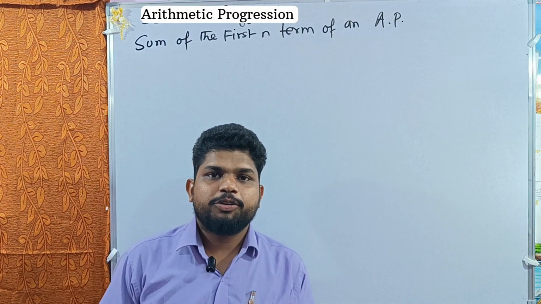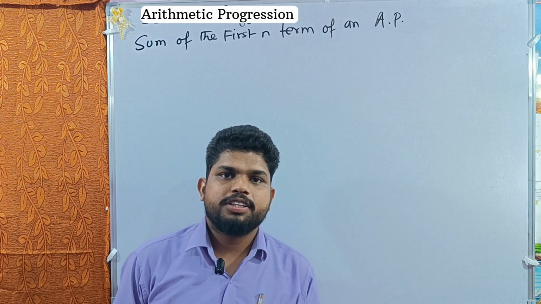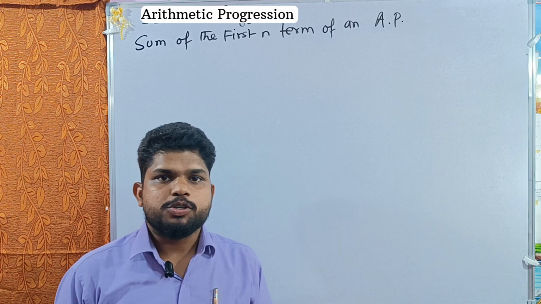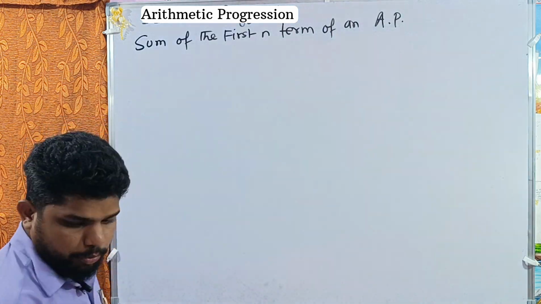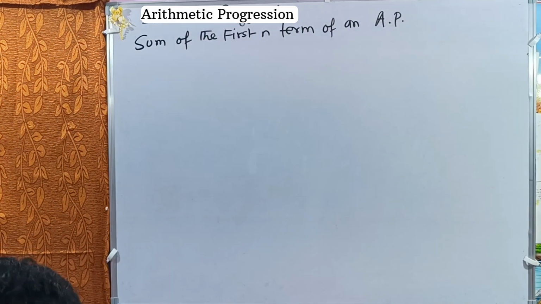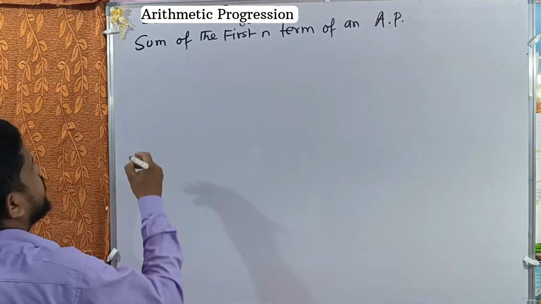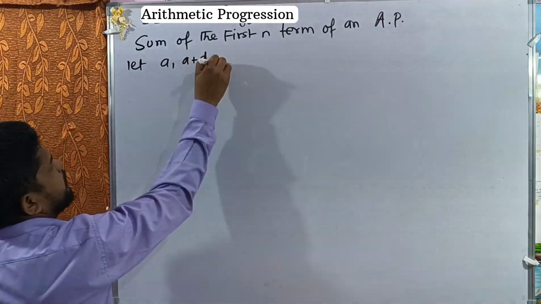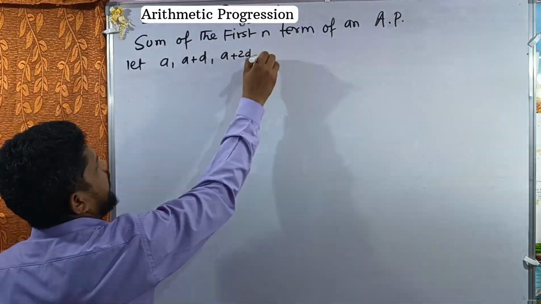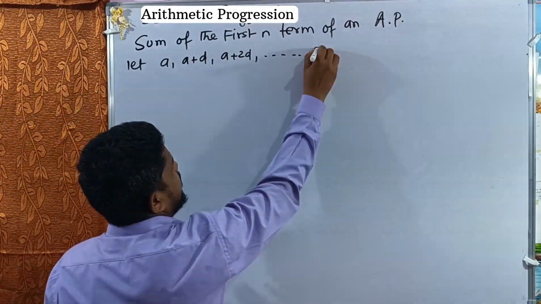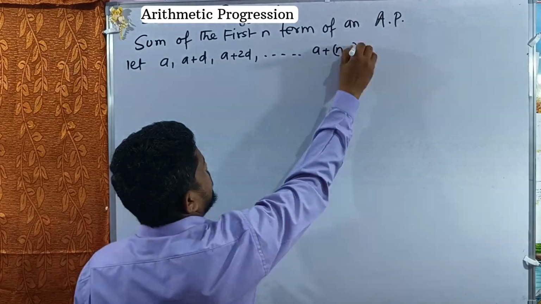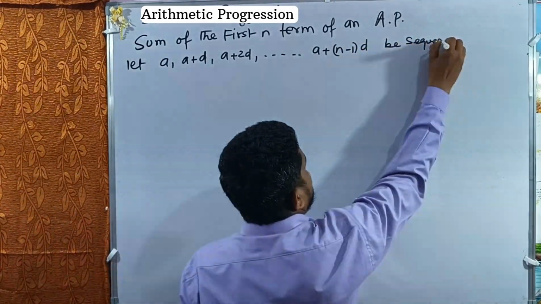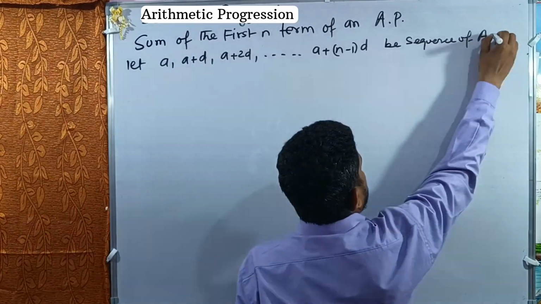Now, dear students, we are going to derive the formula for the sum of the first n terms of an AP. So let's go for it. Suppose we have a, a plus d, a plus 2d, and so on up to a plus n minus 1 d as the sequence of an AP.